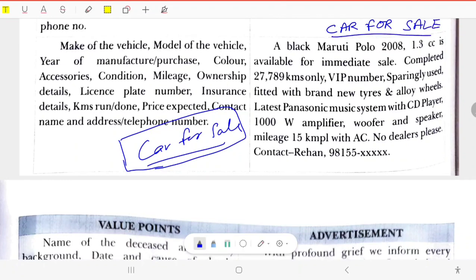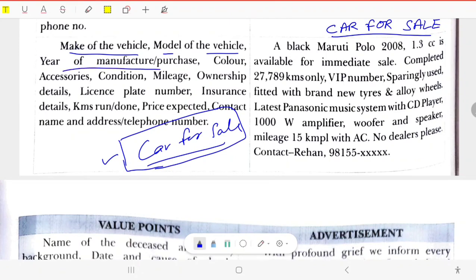This is your heading. Now what are the value points? You are selling a car, so you need to tell everything about the car: its make, for example the model 2014, 2015. Model of the vehicle means company name plus variant.